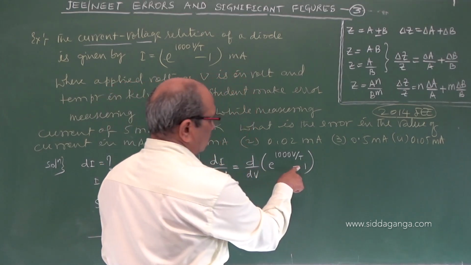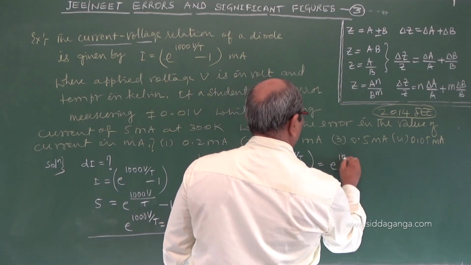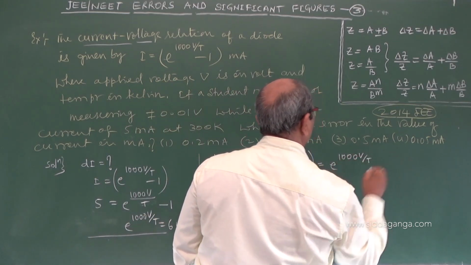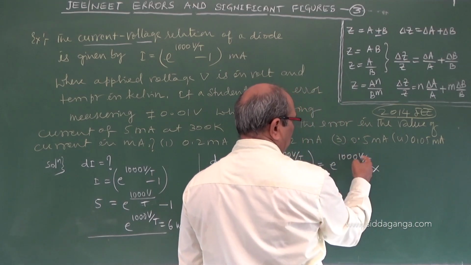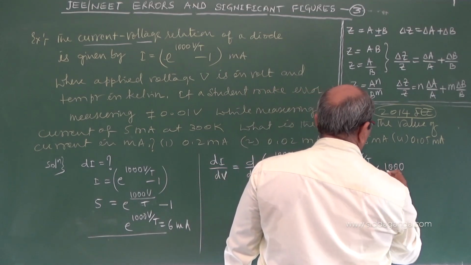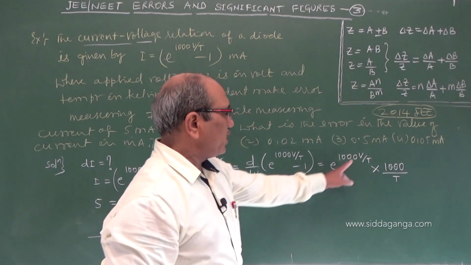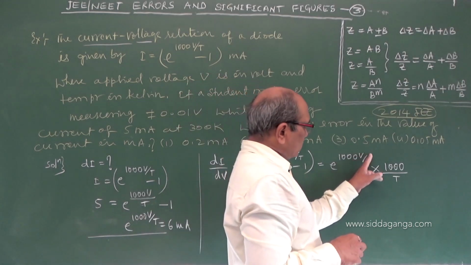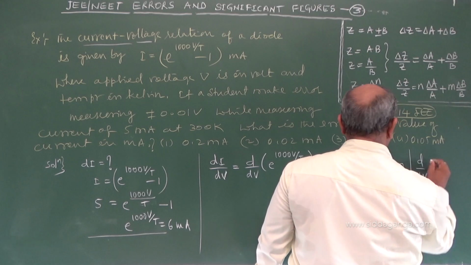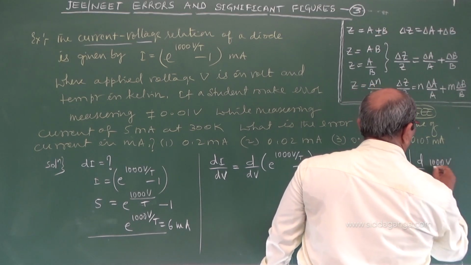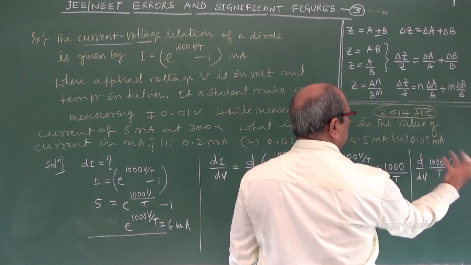Differentiating, the constant is 0, and the exponential gives the same value, e to the power of 1000 V by T, into the differentiation of 1000 V by T with respect to voltage, which becomes 1000 by T. The constant comes out and dV by dV is 1.